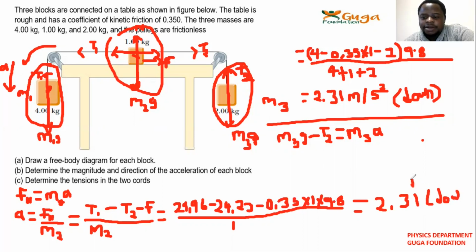So here it will be meter per second squared. So this is just proving.